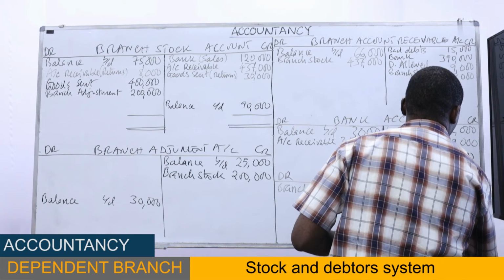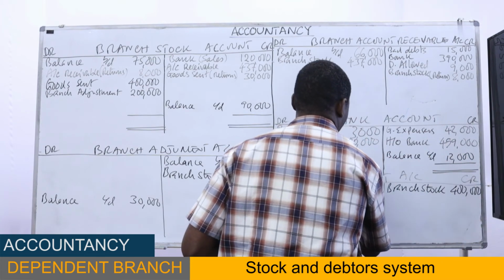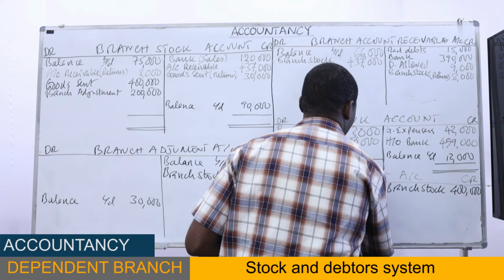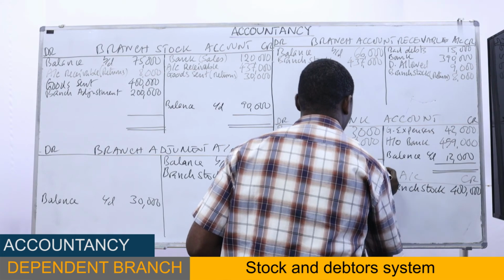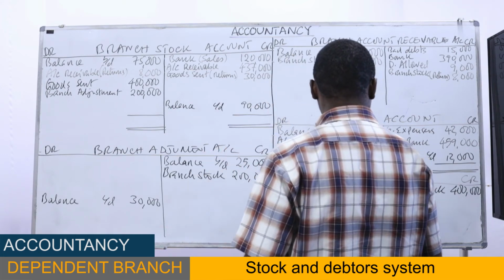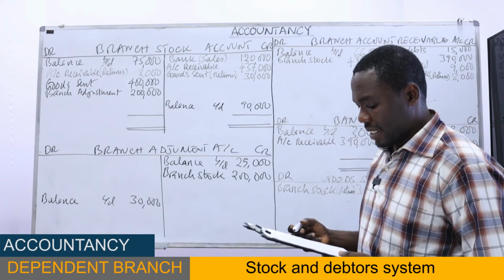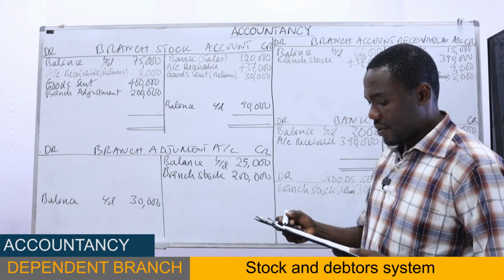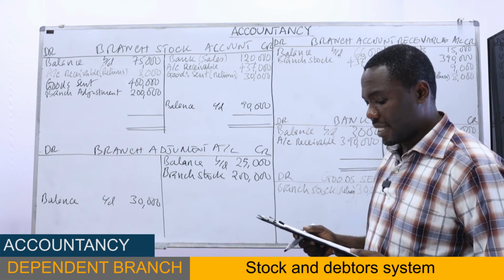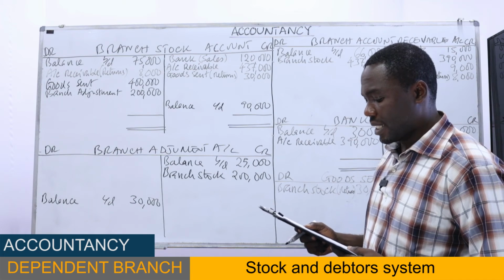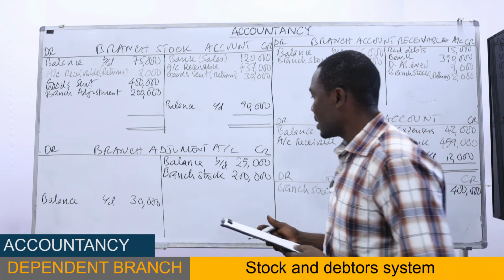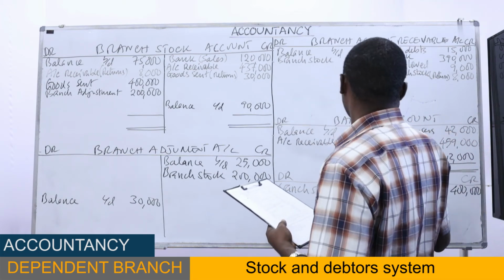So we need to have this account balanced. Yet we had also another balance that was accounts receivable. Yes, 81.